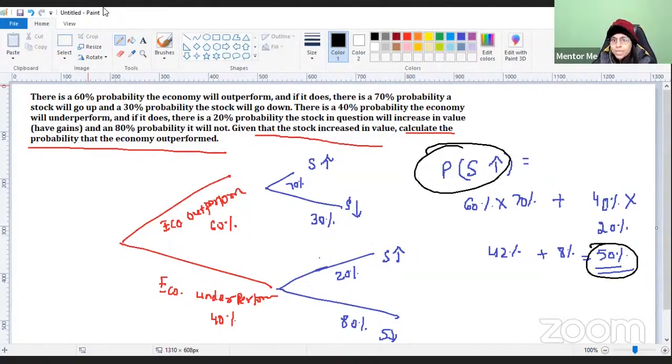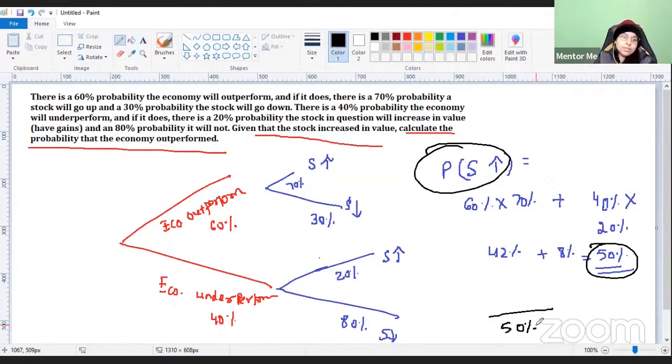सिंपल है. आप देखो, prices going up, that is your total pool of possibility, right? Because that is given. जो given है, हमने उसको denominator में लिया कि there is only in totality only a 50% chance that the prices will go up, irrespective of whether the economy underperformed or outperformed. ठीक है?